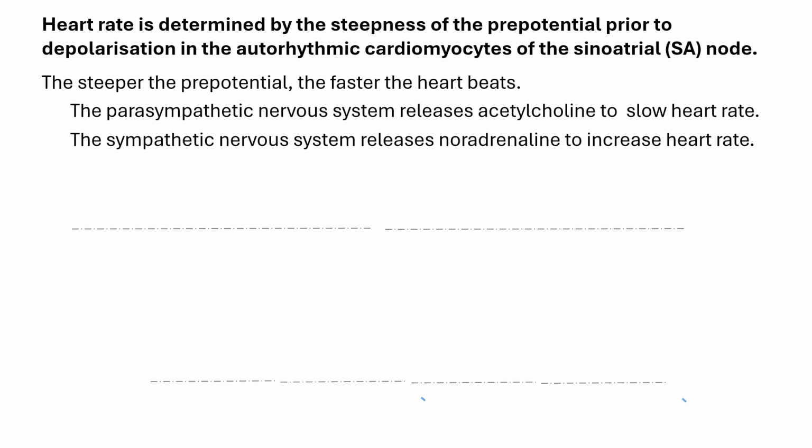So the parasympathetic nervous system releases the neurotransmitter acetylcholine to slow the heart rate down. Its partner, more fight and flight than rest and digest, the sympathetic nervous system, releases noradrenaline to increase heart rate.